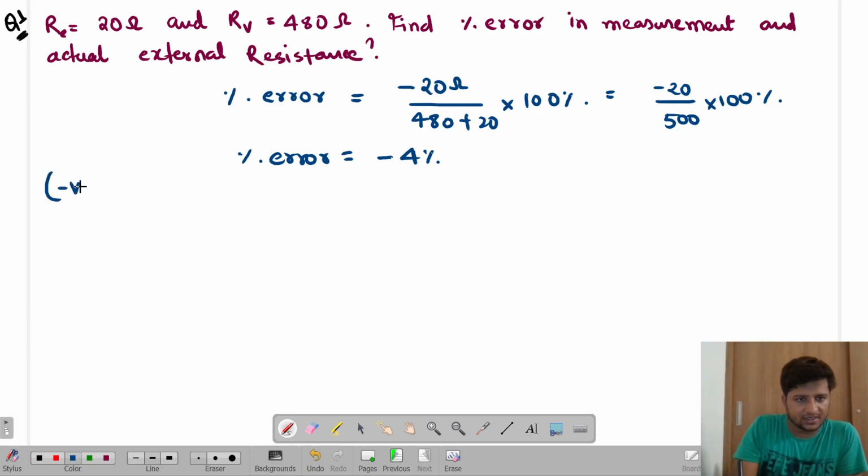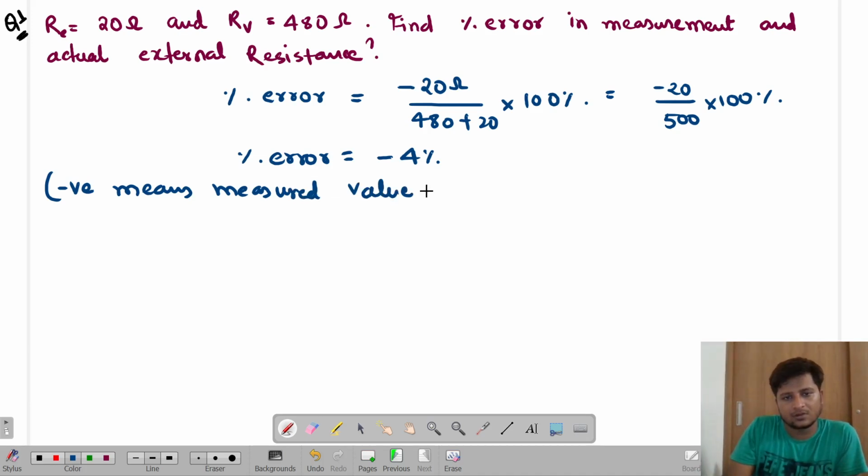So we need to state that negative means the measured value is 4% less than the actual value.